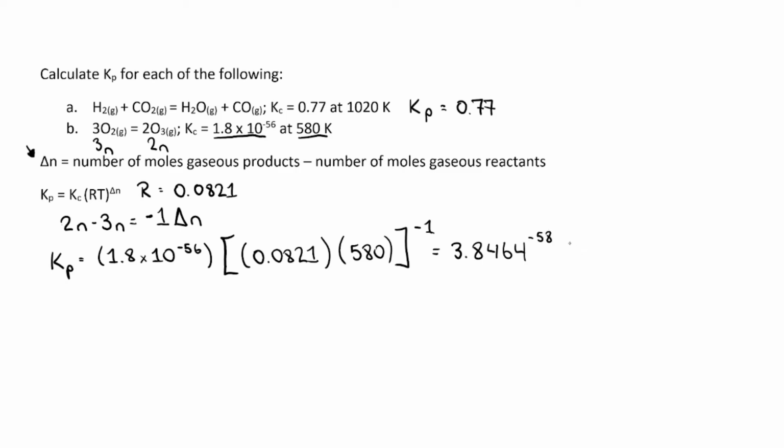If we round it to 2 sig figs, this is going to be 3.8 times 10 to the -58. And that's the answer. So Kp for this one equals 3.8 times 10 to the -58. And that's how you answer that question.